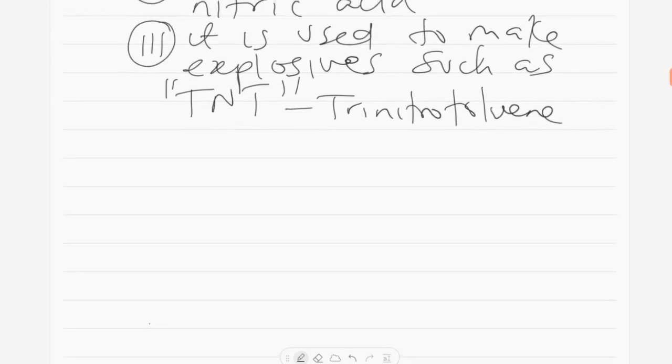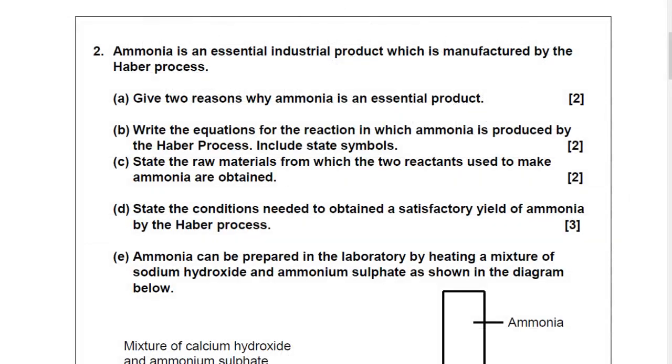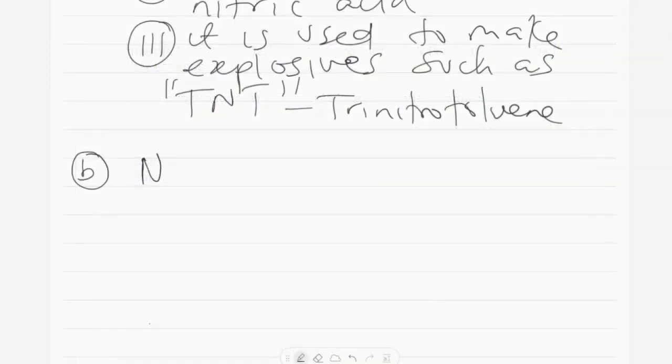Let's look at the second part of the question. B. Write the equation for the reaction in which ammonia is produced by the Haber process. Include state symbols. Remember, ammonia is made from nitrogen gas and hydrogen.